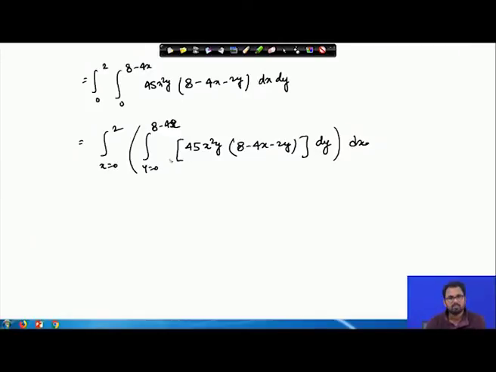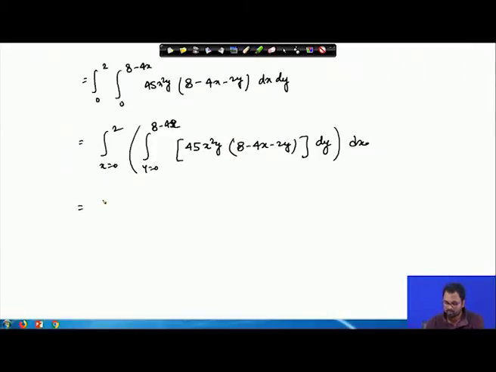Sorry about the brackets, but you can use the correct brackets. Here it should be a curly bracket and then the big bracket, but the brackets are not the concern here. So, I am not focusing on that. Now we can integrate with respect to y. We multiply by 45 inside this bracket and then do the integration.